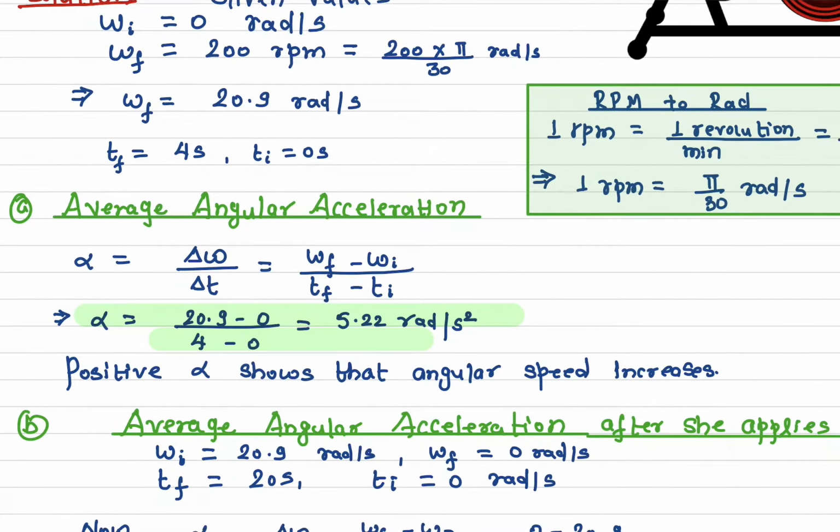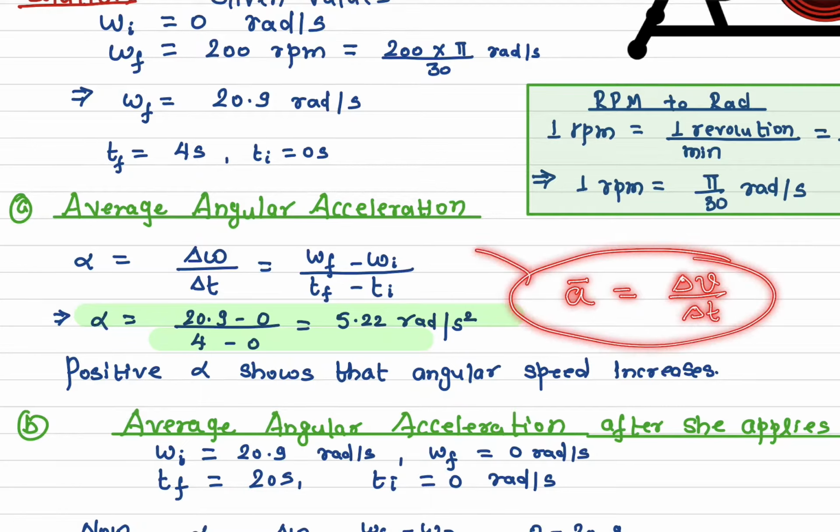If you need to understand a little more about the average angular acceleration, you have already studied the average linear acceleration, and it's exactly the same thing. In linear motion, average acceleration is the change in velocity divided by the change in time.